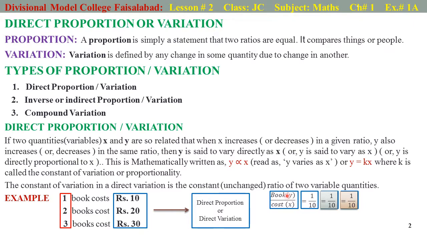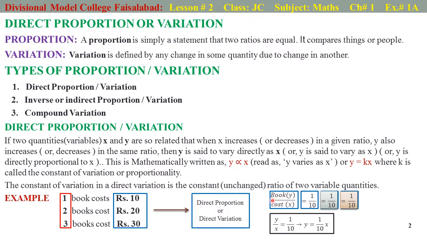Number of sandwiches and number of slices will be 1 by 2 in each case. So for every problem, the constant of proportionality will be its own. In this case it is 1 by 10, and if you take cost over books, then it will be 10.